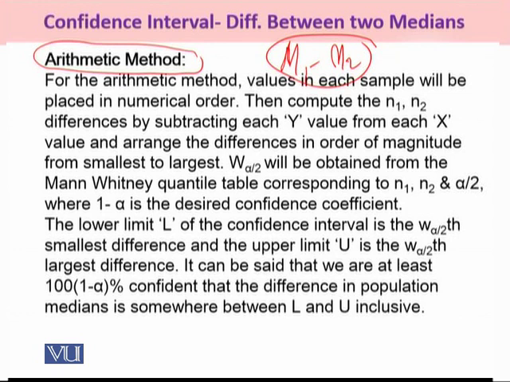Now, as far as the arithmetic approach is concerned, in order to follow it for the confidence interval for the difference between the two medians, the values in each sample will be placed in numerical order. Then compute the N1 N2 differences. So students, the next procedure would be that you would have to calculate all possible N1 N2 differences by subtracting each Y value from each X value.